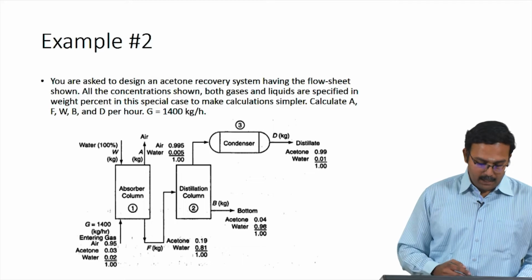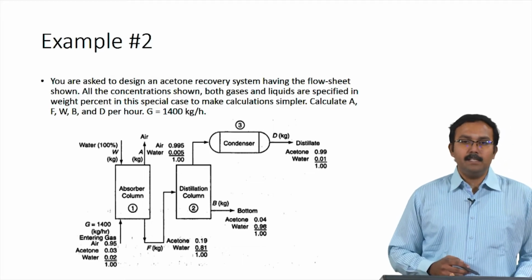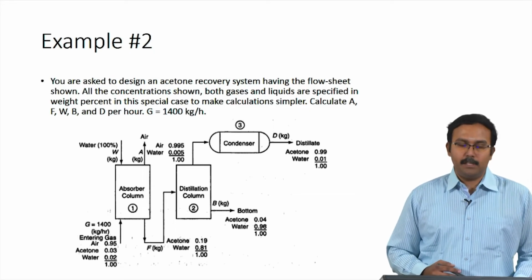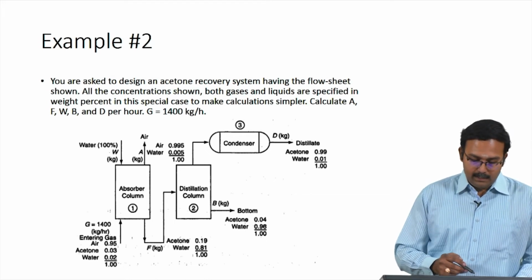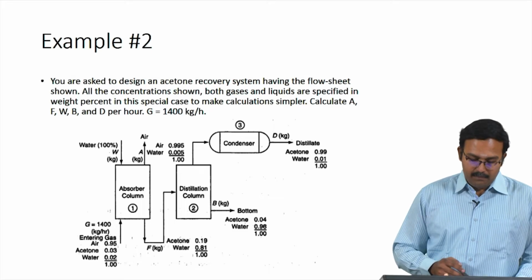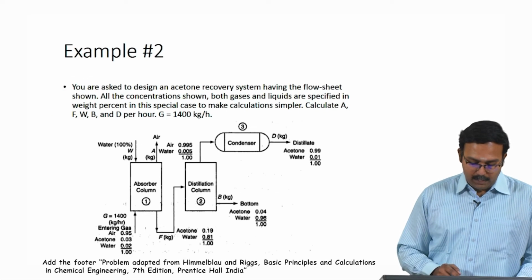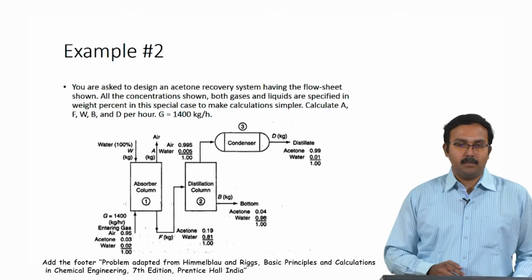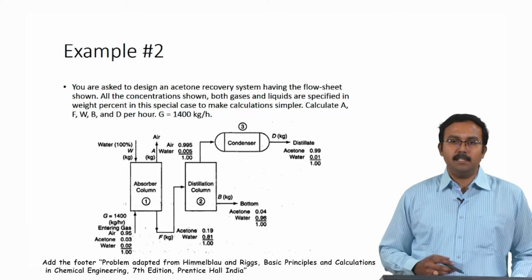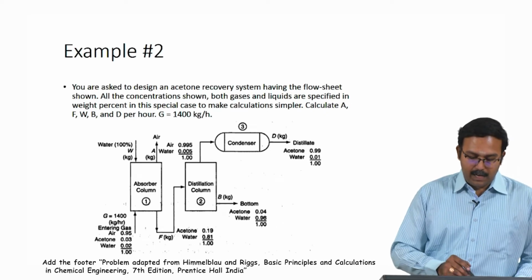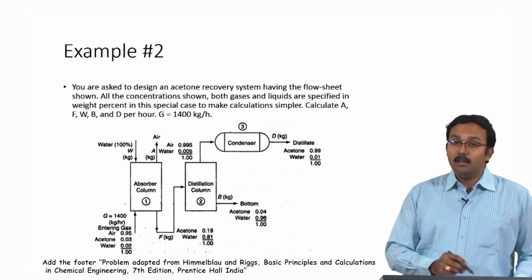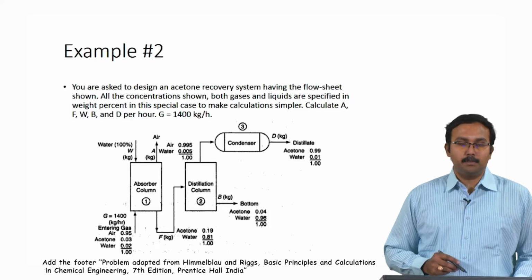We have air, acetone and water, which means we can write 3 different balance equations, and there are only 3 unknowns which need to be solved: W, the mass of water entering, A, the mass of air leaving, and F, the mass of the acetone water mixture which is leaving. This composition which is given here is the composition of air which is leaving the system. Now, let us go about solving this problem.